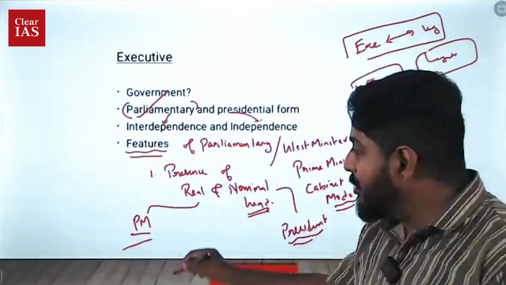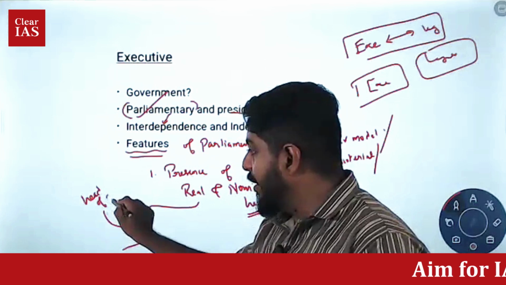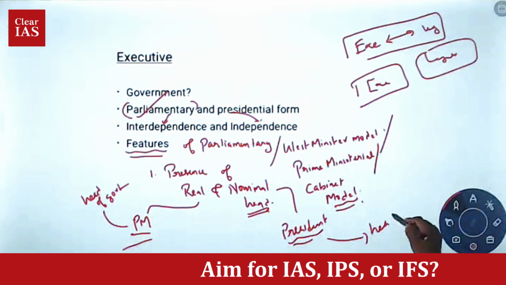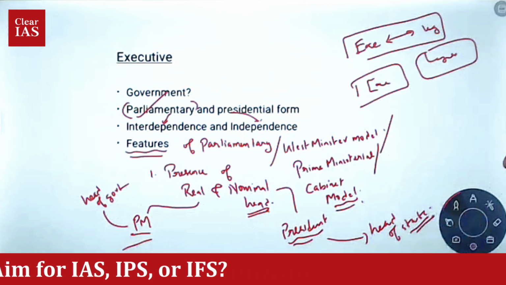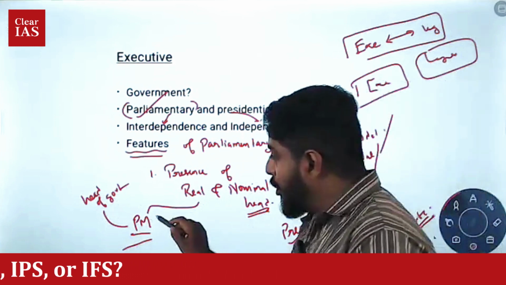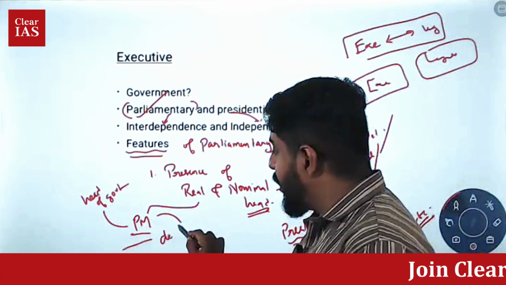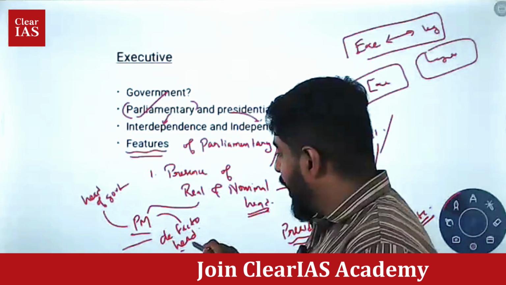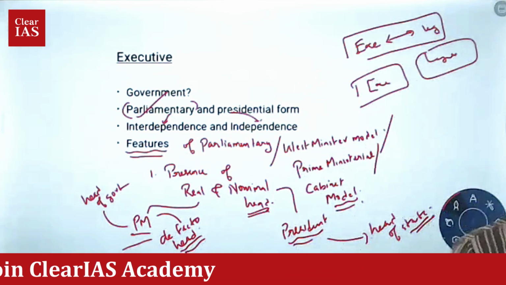The Prime Minister is also known as the head of the government. The President is known as the head of the state. The Prime Minister is also known as the de facto head. De facto head means actual head, real head.